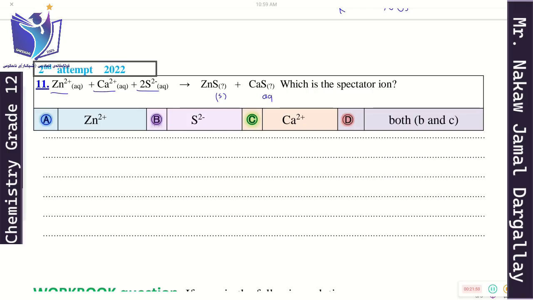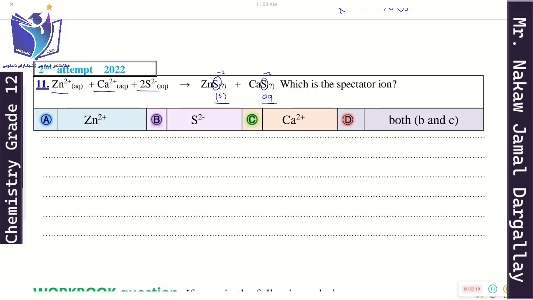If you concentrate on the S2-, it exists from the aqueous and the insoluble salt. The spectator ions are the ions that do not appear in the net ionic equation.